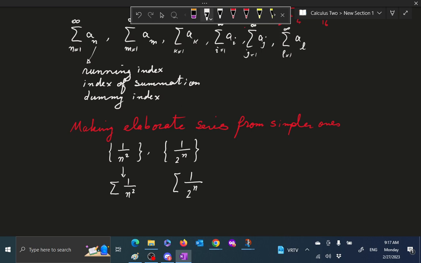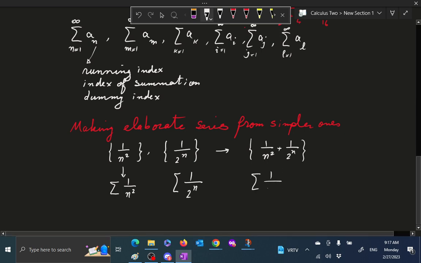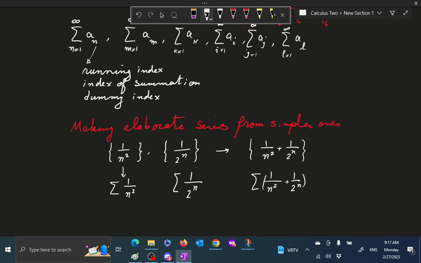Now, if you wish, you can consider a sequence which is made out of adding these, and as a result you will be looking at a series where we are attempting to add these. If you wish, you can make it more elaborate.